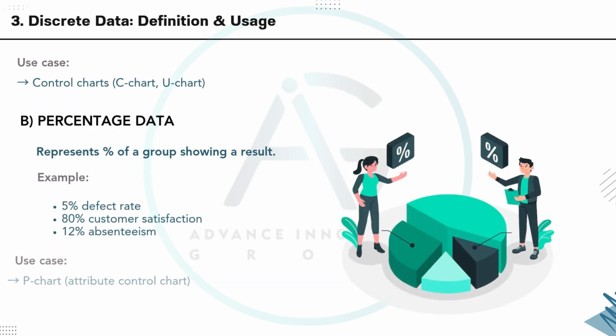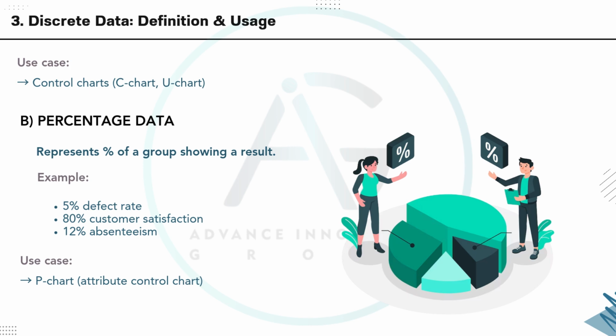Let's continue exploring the types of discrete data. Next up is B. Percentage data. This type of data represents the percentage of a group that shows a specific result. It still qualifies as discrete because it's derived from count-based outcomes within a group, though it's expressed as a percentage.